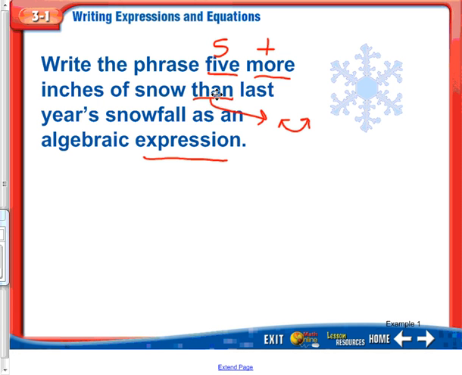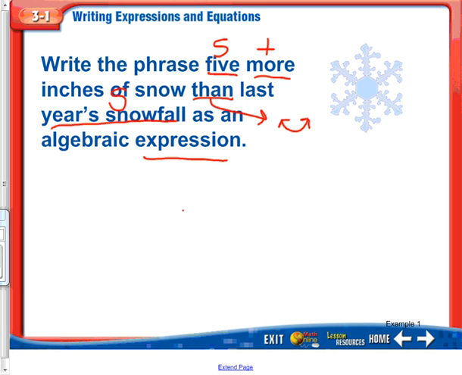And then for our other item, last year's snowfall. I'm going to underline year's snowfall. Okay, so I have the number 5. I know that we're adding. I need to switch the order of my items, and I'm talking about year's snowfall. We can use S for that variable. We'll just want to make sure that we know the difference between the S and the 5.